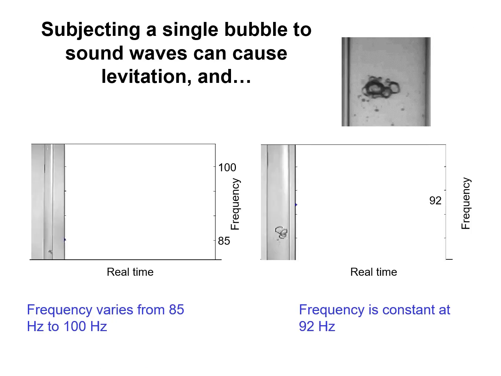Let's first examine what happens to a single bubble that rises in a liquid that is subjected to vibration at a frequency that varies from 85 Hertz to 100 Hertz.